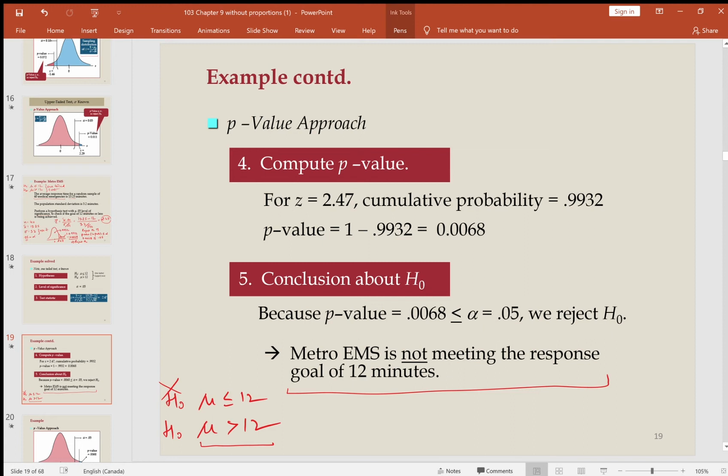Now, we never say that we accept the alternate hypothesis. All we say is whether we reject or do not reject the null. In this case, we do reject the null, and we can say the emergency vehicles do not meet the response time, so we need to take up some follow-up action.